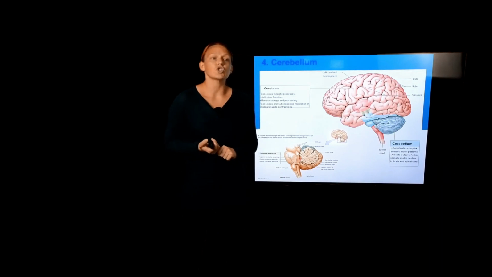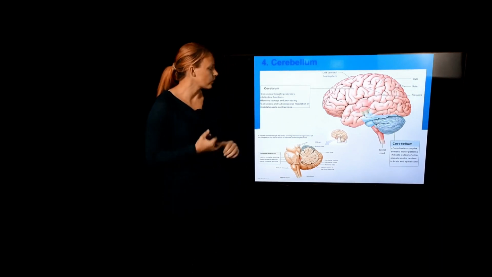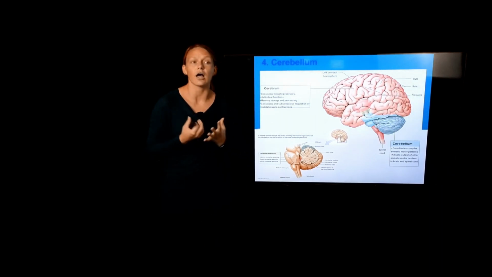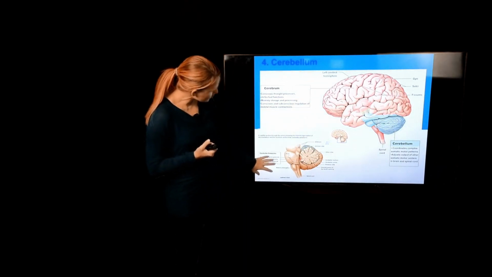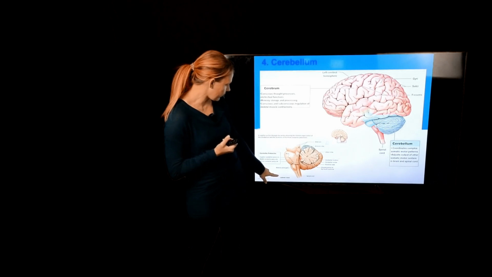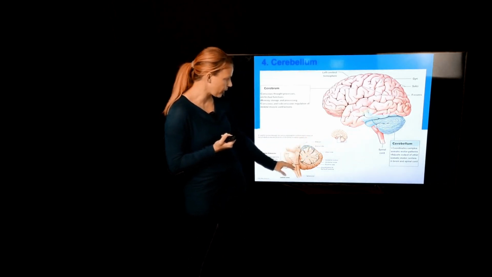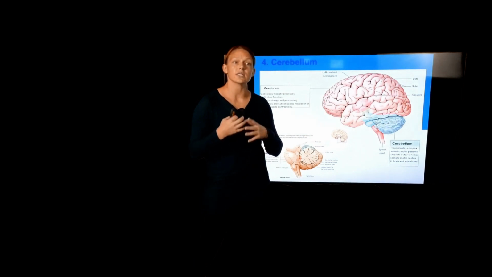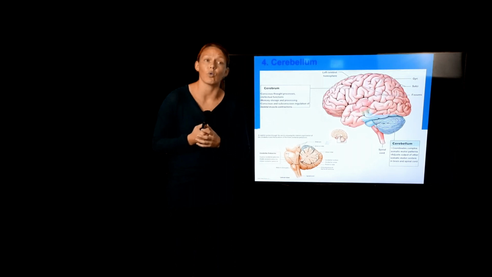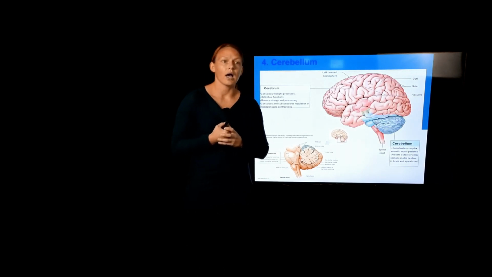When we look at the different structures of the cerebellum, you can see it here in this image. This is the lateral view, and this is a sagittal section through it, so you can see the internal organization of the cerebellum. The cerebellum has two cerebellar hemispheres that are connected by a worm-like vermis.